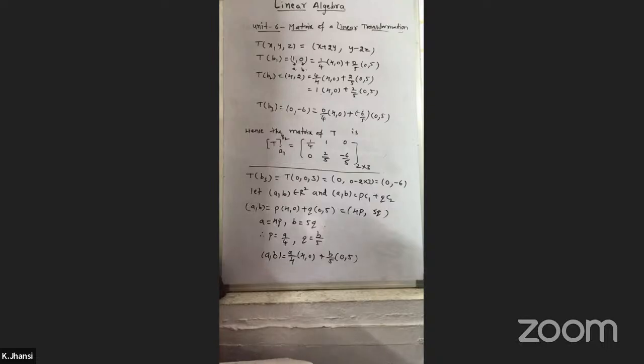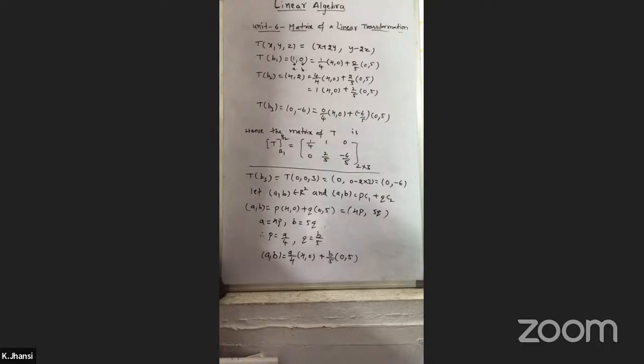Block 3 is about matrices, characteristic values and vectors. You have the idea of matrices from intermediate. What is the definition of a matrix and what is the order of a matrix? What is a column matrix? What is a row matrix? And how to find the determinant of a matrix, a 2 by 2 determinant, and if the given matrix is 2 by 2 or 3 by 3, how you will find the determinant, and what is a singular and non-singular matrix.